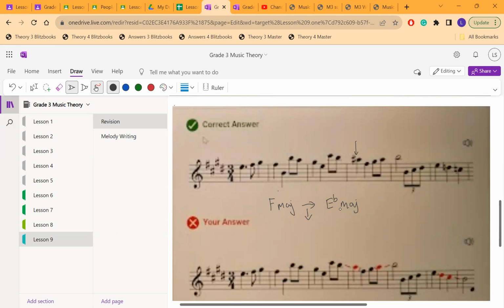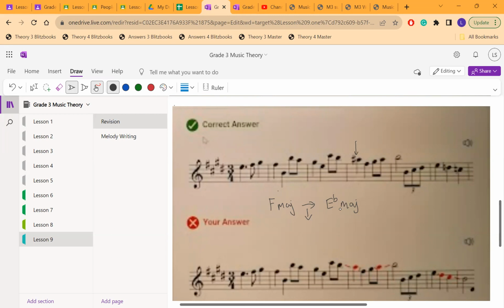The other way to do it is scale degrees, but you can't account for accidentals. For example, 1, 2, 3, 4, 5, 6, 7, 1.